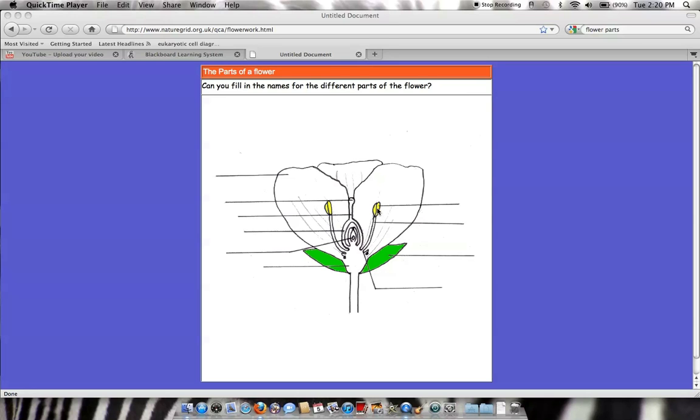And if there's pollen on these anthers, it might get brushed up against this little sticky part here, and then that pollen will release the sperm, and the sperm will go down the style and fertilize the egg. Okay, and that's basically how you then get a fruit that's produced from a flower.